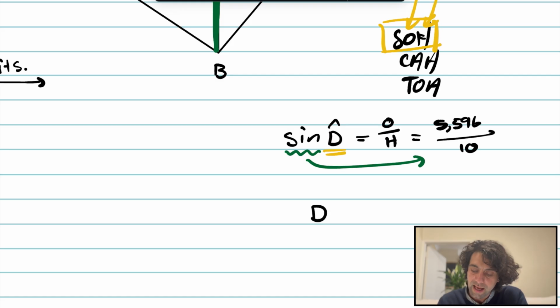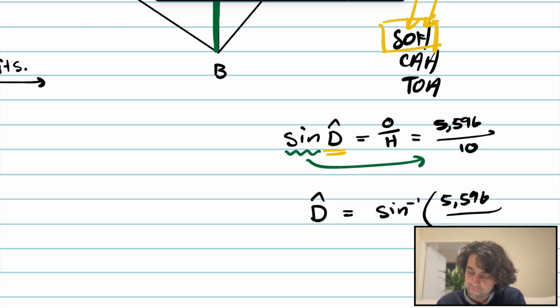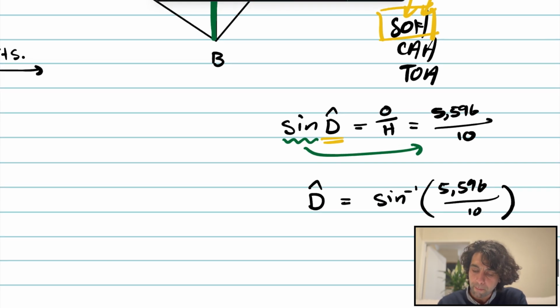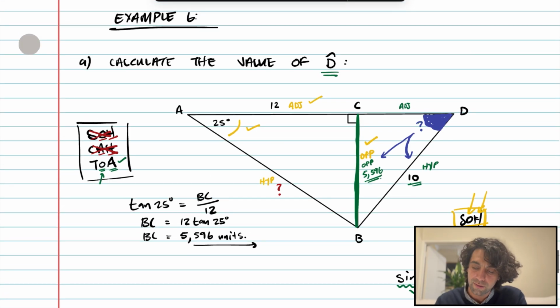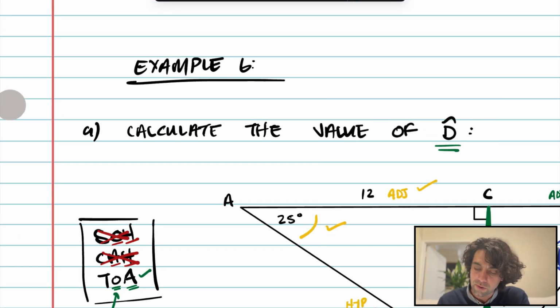What I find is that D is equal to sine inverse of 5.596 divided by 10. I'm going to pop that into my calculator, and I find that D is equal to 34.03 degrees. There you have it. We found the angle D. Remember, that was the initial question: what is the value of angle D?